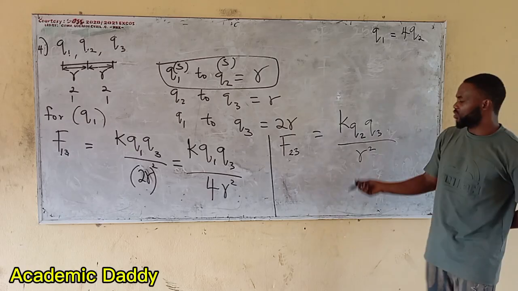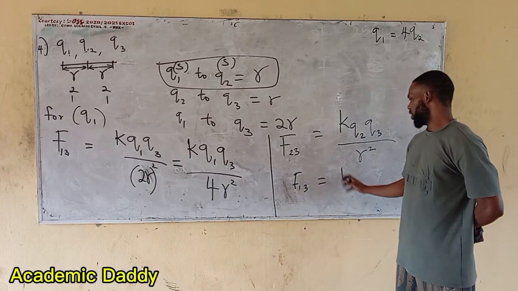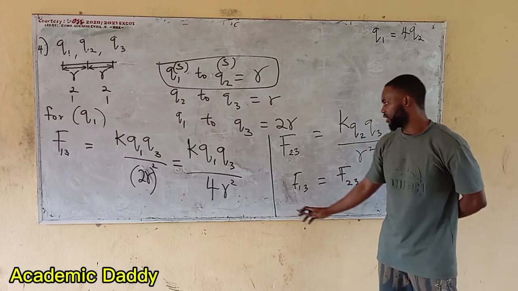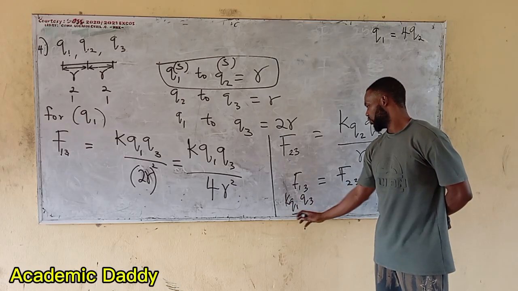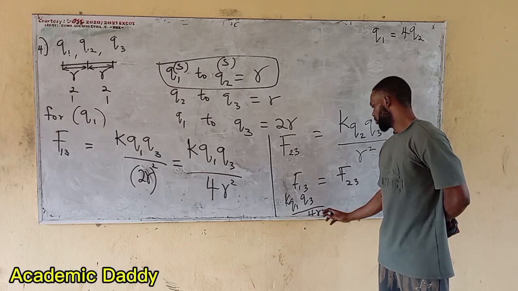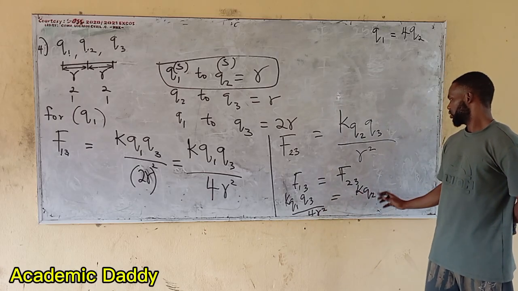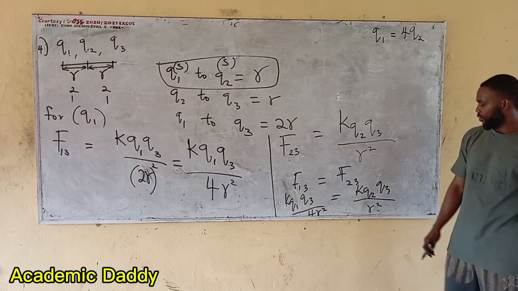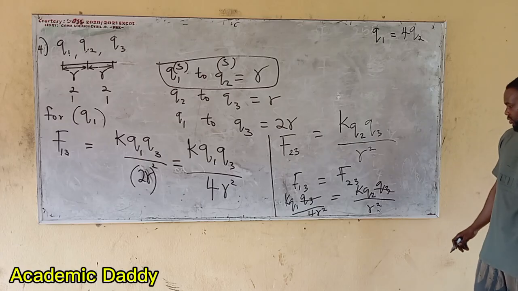So I can now have this setting as saying F13 equals F23. So checking this out, I'm going to be having KQ1Q3 all over 4R squared is equal to KQ2Q3 over R squared. But when we cancel, this can take care of this. Any other thing?